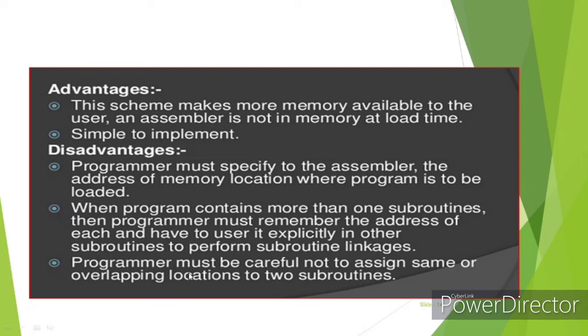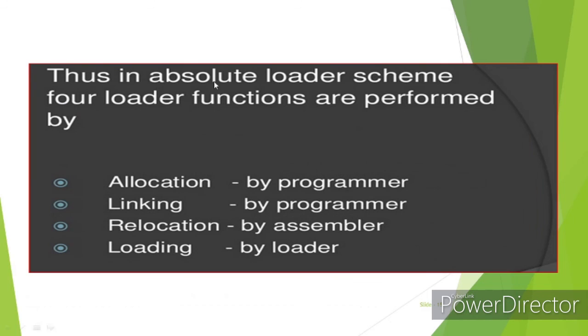The programmer must be careful not to assign the same or overlapping locations to two subroutines. Thus, in the absolute loader scheme, the four loader functions are performed as follows: allocation by the programmer, linking by the programmer, relocation by the assembler, and loading by the loader.